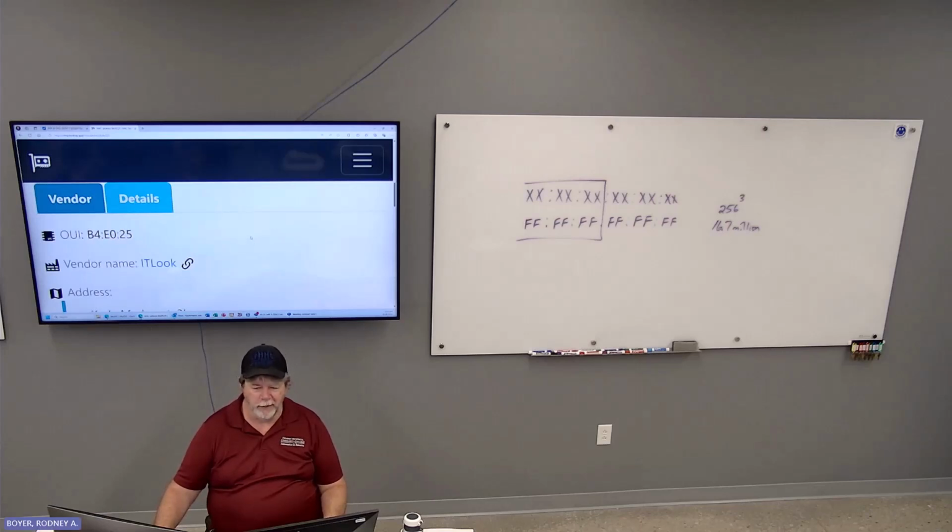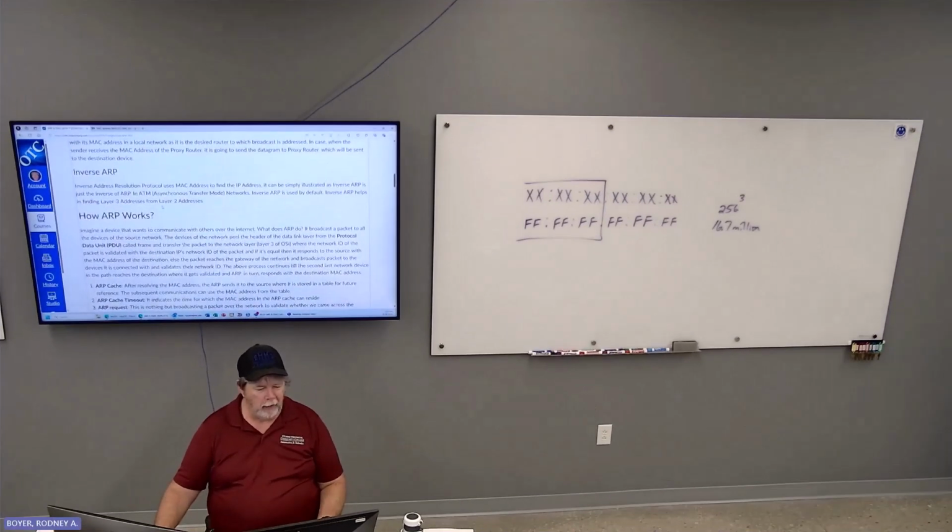Are there going to be 16.7 million manufacturers of network interface adapters? Probably not. So there is a finite number of them, you can run out, but it's going to be a long time. Okay, inverse ARP: use the MAC address, find the IP.